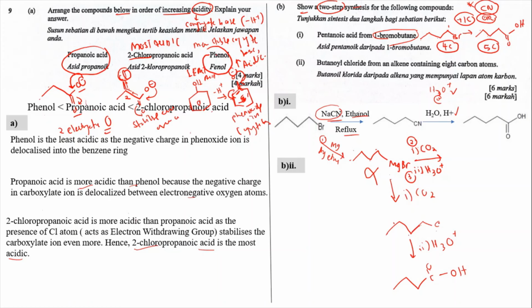Then C double bond O, OMgBr, and then it will undergo hydrolysis again. Then only you get to the answer. So basically it involves 3 steps. So that is why the Grignard reagent pathway is not accepted. For this case, only the nitrile compound will get the full marks.